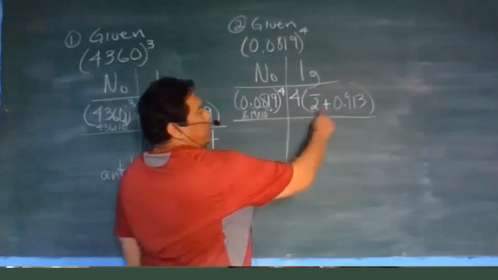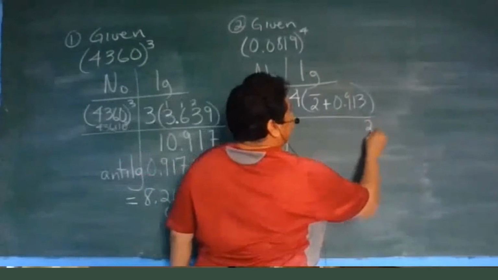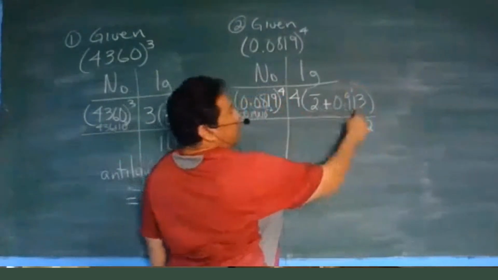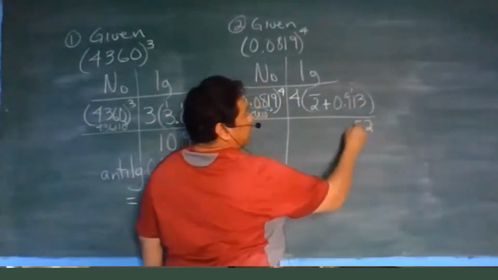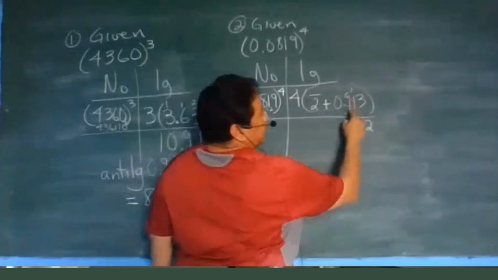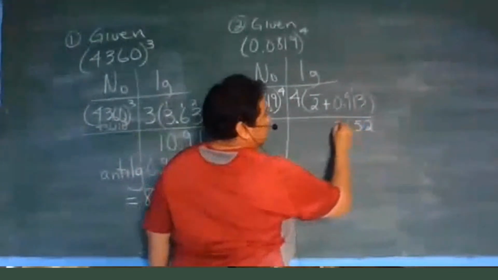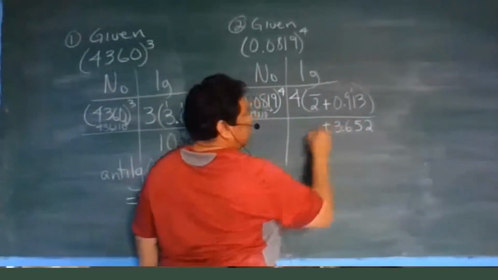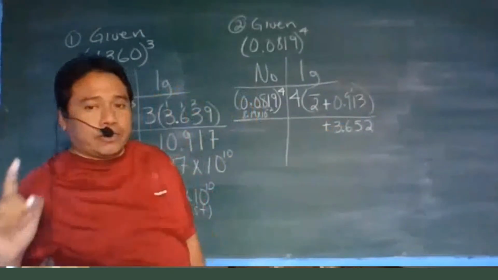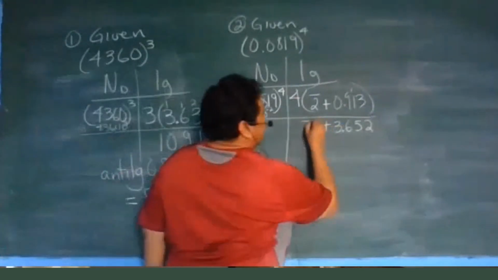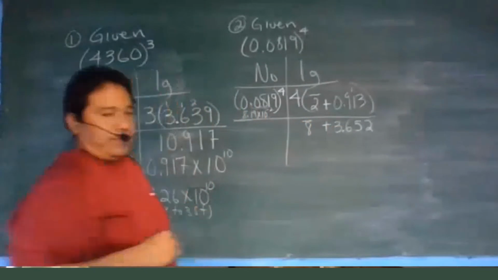Okay, so let's multiply. 4 times 3, 12. 4 times 1, 4 and 1 is 5. 4 times 9 is 36. Plus 4 times bar 2 is bar 8. Okay?